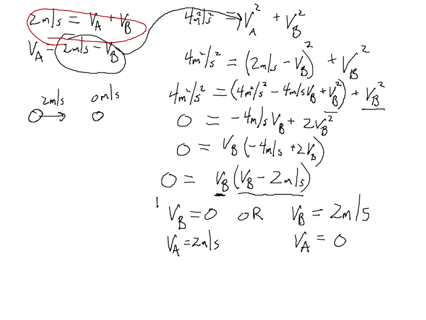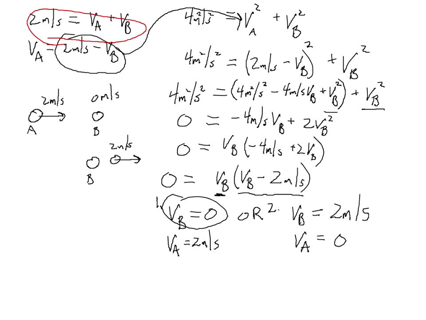If possibility number 1 is true, then after ball A collides with ball B, B is still not moving, and ball A is going this way at 2 meters per second over on the other side of ball B. In other words, ball A just passed right through ball B as if they were ghosts. So probably not going to happen. Let's check option 2 and hope it works out a little better.